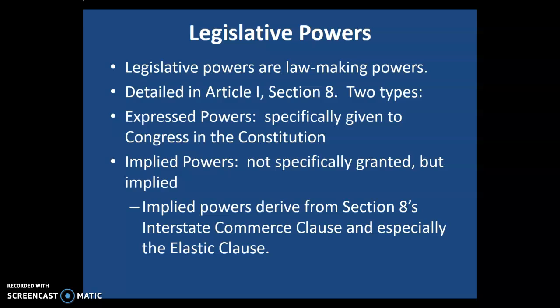Implied powers are also derived from Section 8, specifically from its Interstate Commerce Clause and the Elastic Clause. The Interstate Commerce Clause says that Congress has the power to regulate commerce between the states and between the states and foreign countries.